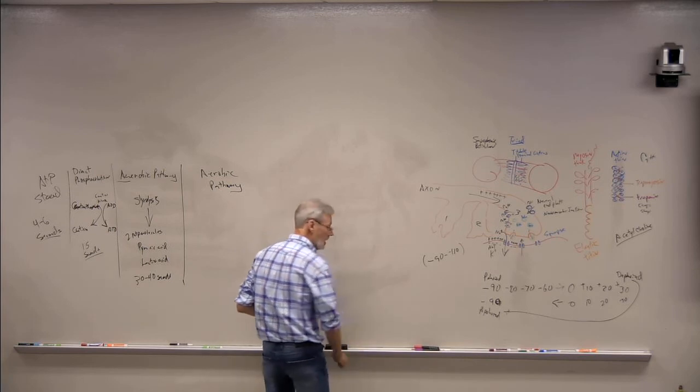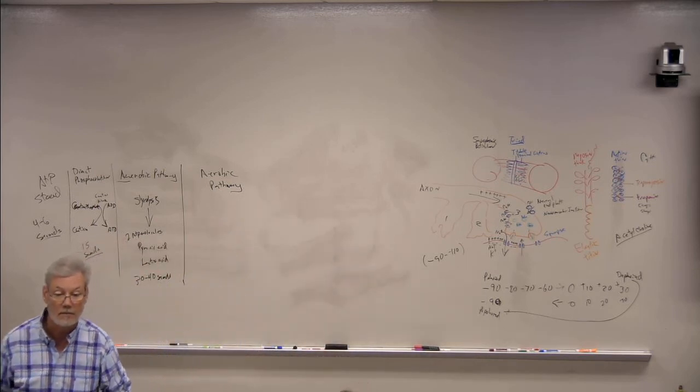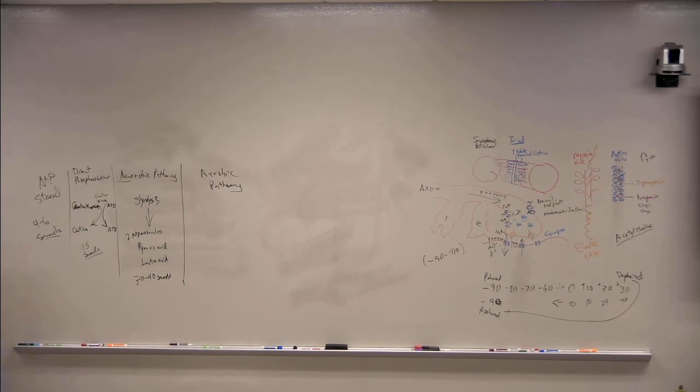Now, if you're not running that fast, how long can you run? Well, how long's a marathon? 26.2. How long's an ultra marathon? Some of them are 75, some of them are 100, Western States 100.